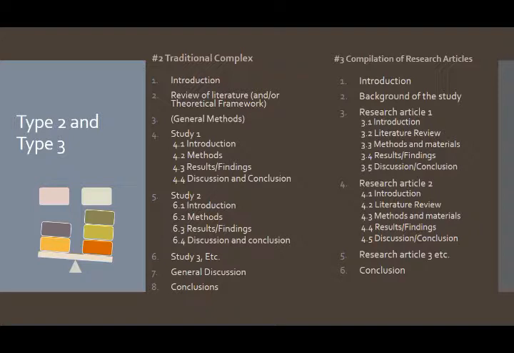However, as you can see, instead of just one study with one set of methods and one set of findings and discussions, you actually have 2 separate studies that probably share a theoretical framework and share one general set of methodology.